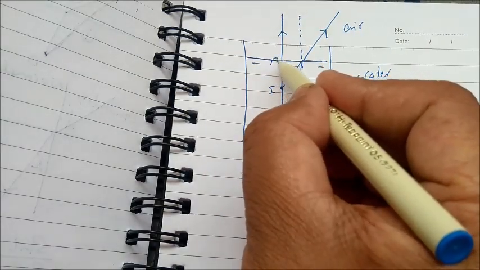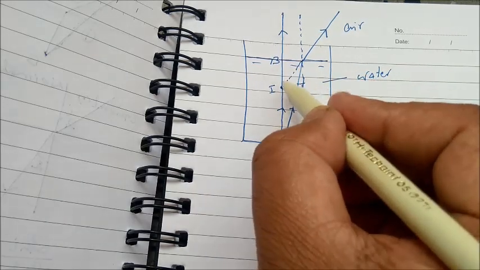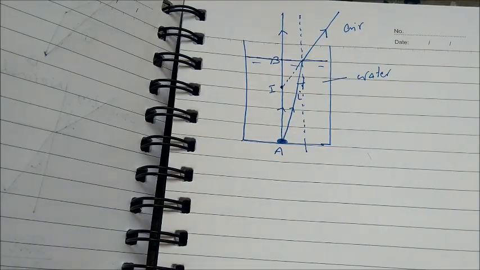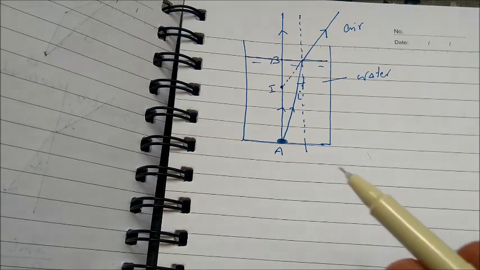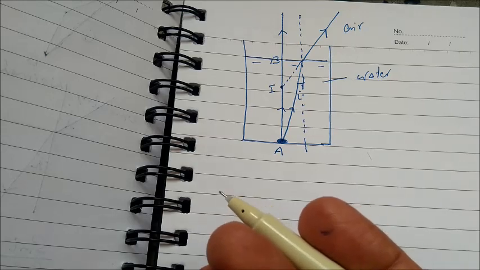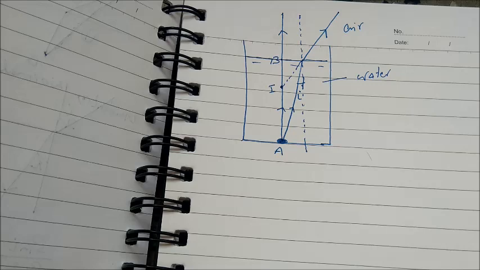If I take this point as B, real depth is BA, but to us it appears at I, so depth is only BI. So it appears raised. The same is the reason why a swimming pool doesn't appear as deep as it actually is. So the bottom appears raised.